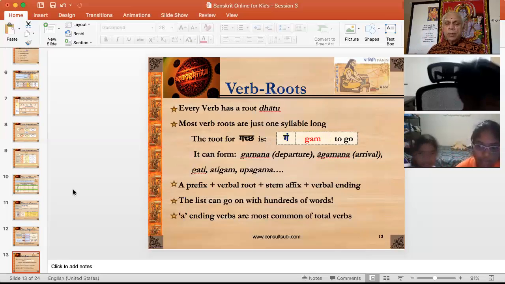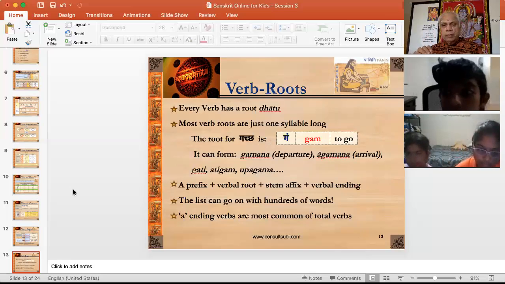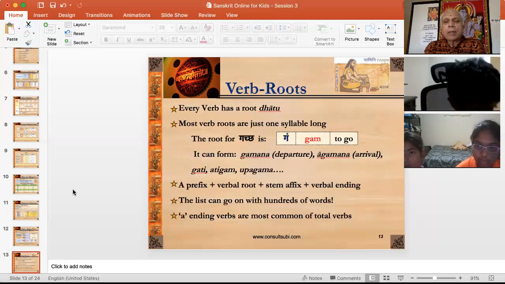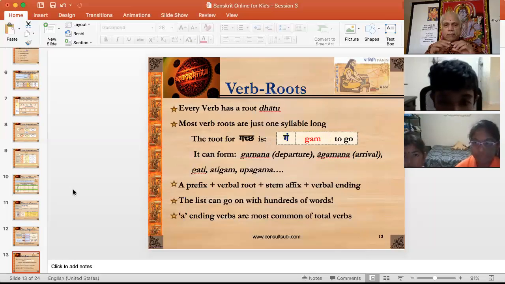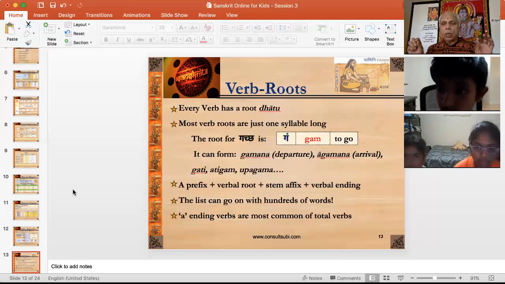We go, vayam gacchamah. So gaccha becomes the same one, but the last ending will be the verbal ending, depending on how many people are there or how many objects are there. So you have in a verb a prefix, a root, a stem, an affix, and a verbal ending. So there are little components all attached together. And then it becomes a complete word.